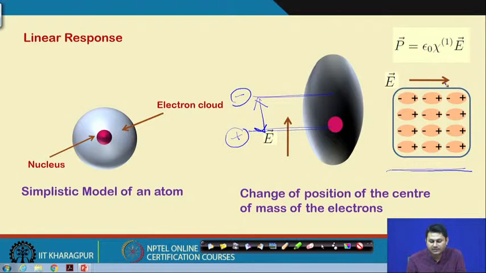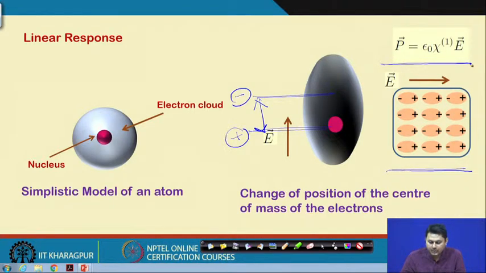And we know that polarization is nothing but dipole moment per unit volume. So, the number of dipoles per unit volume will give you the value of the polarization, and this polarization depends on the electric field through this equation. From this equation we can see that the polarization P is proportional to the electric field E.